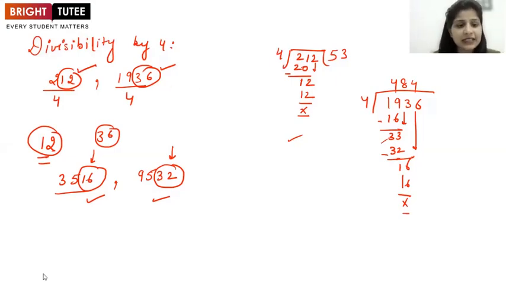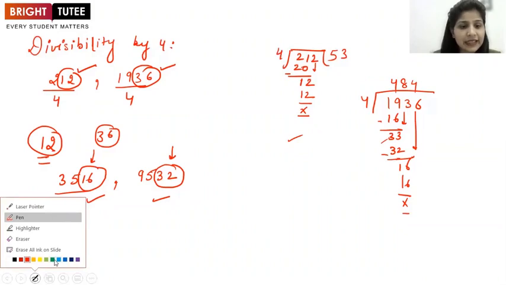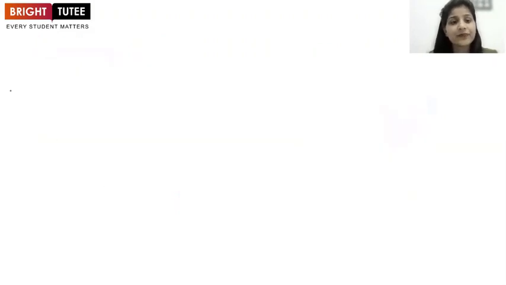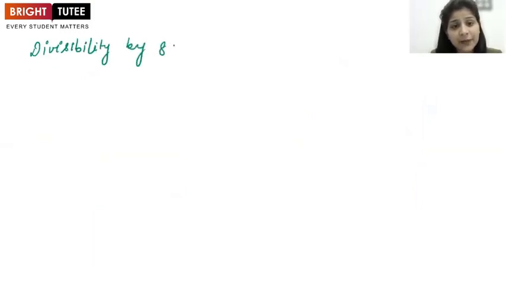Now we will discuss the next one, that is divisibility by 8. How do we do this? I'll give you some numbers and we'll try to divide them by 8 and try to figure it out, as we did in the case of divisibility by 4.